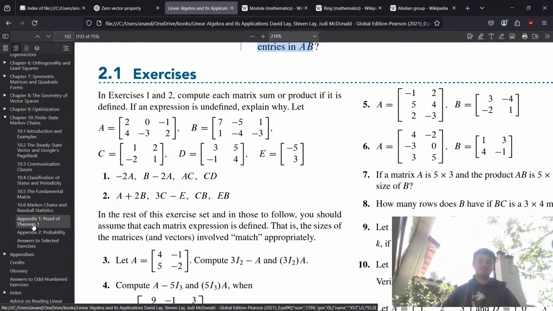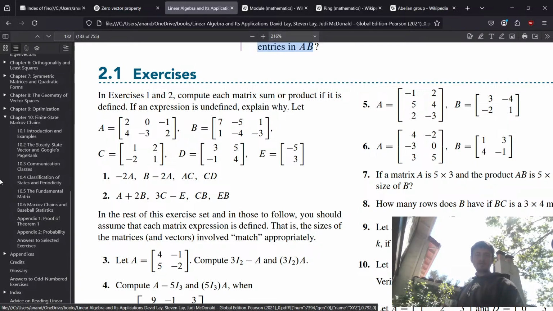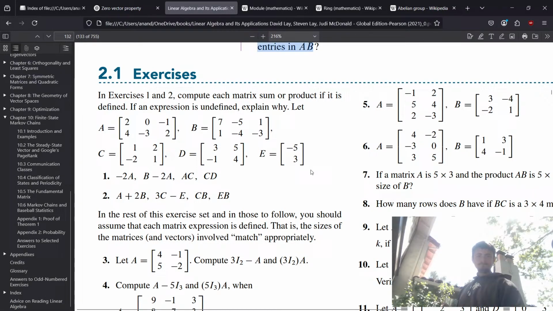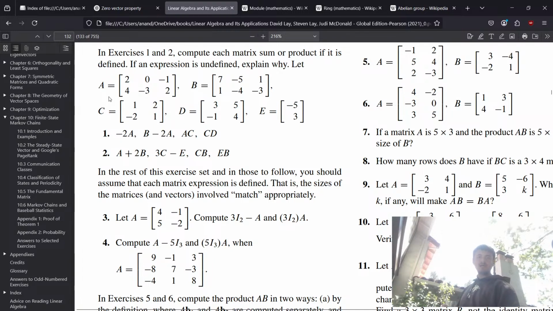Okay, so 1 and 2 are shape checking. I don't really care about that. All right, let's just do it in our heads. Minus 2A, that's fine. You just compute it. B minus 2A, that's also fine. A times C, this is a 2 by 3. That's not defined. AC is not defined.